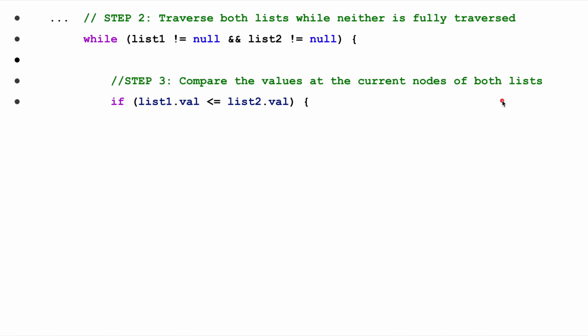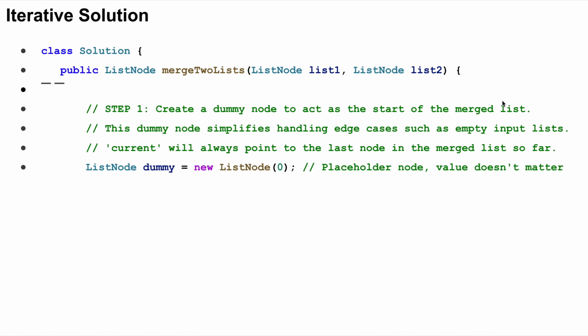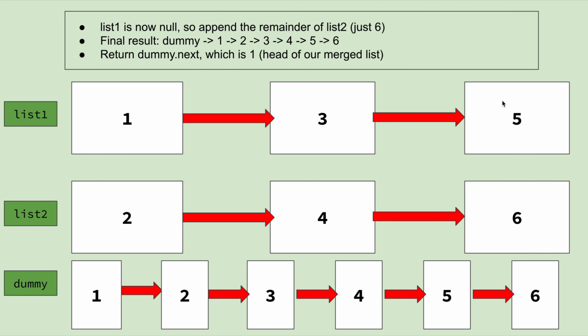Let me tell you. So this is current. First what have we done? We have compared this and this, right? So which one is smaller? This one. Means it will go in the if condition. If it is greater, it will go to the else condition. But this is current.